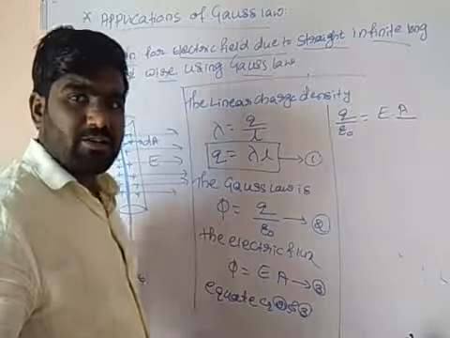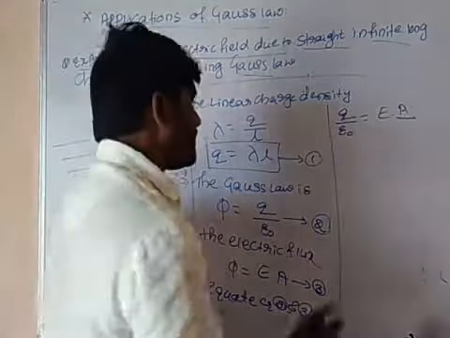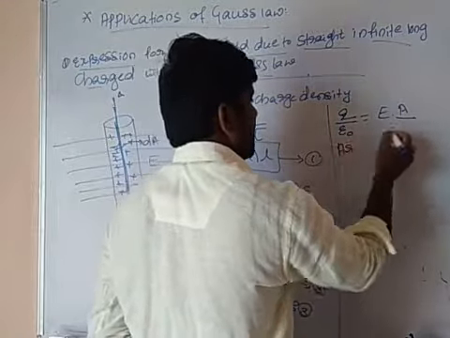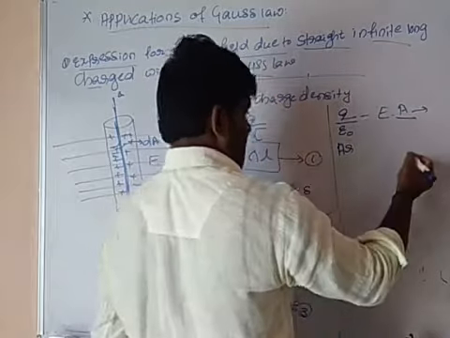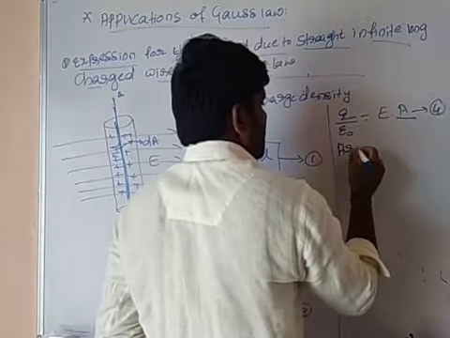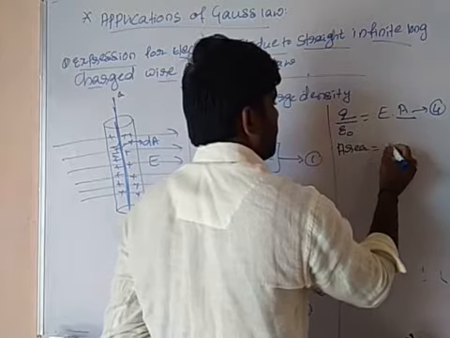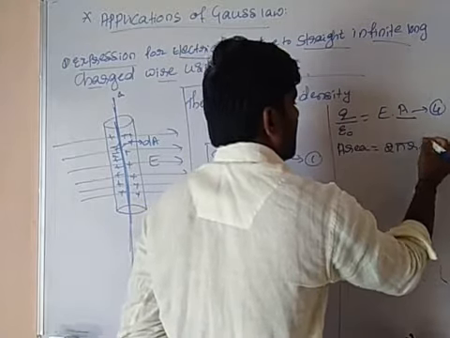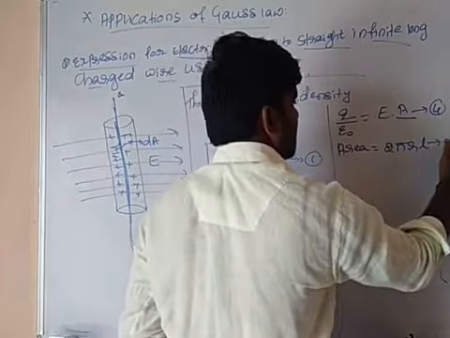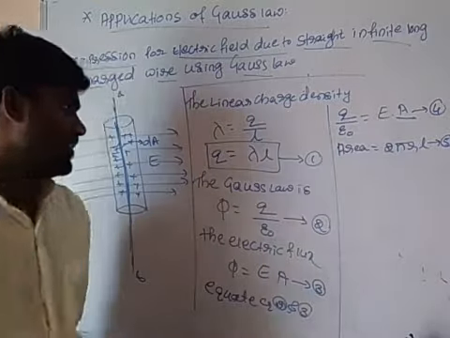Area is equal to 2 pi R into L. Let us call this equation number 4 and the value of Q equation number 5.